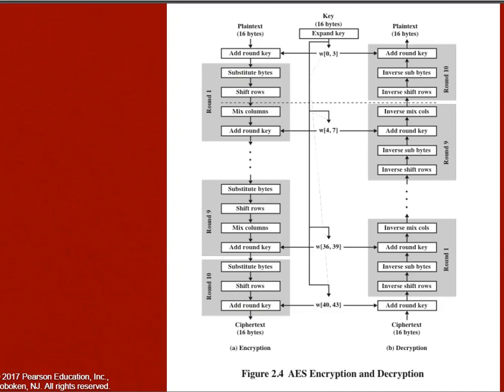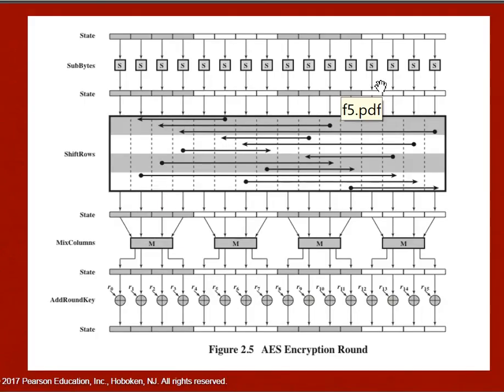Right? That is an expanded key you can see. Right? So that one also is a simple bitwise exclusive OR. Okay. So here you can see the structure of a full encryption round for the AES.